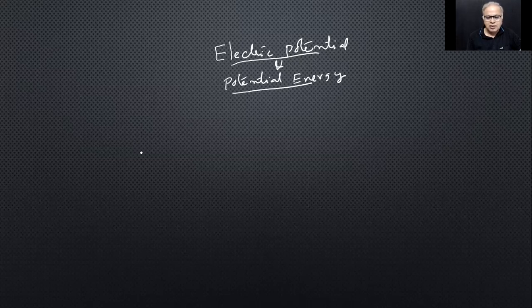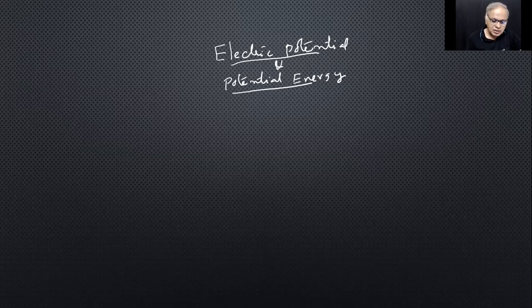Or a field in which the work done in a closed path is 0. Or a field in which we define a scalar position function called electric potential and electric potential energy. Can you tell me all those points?